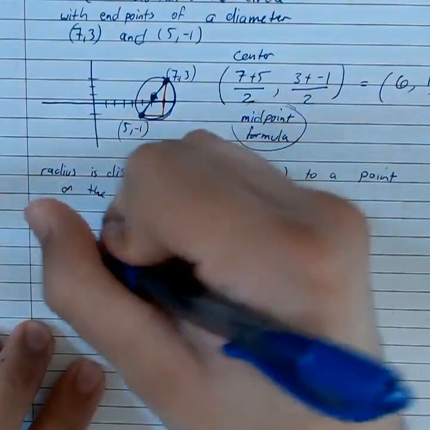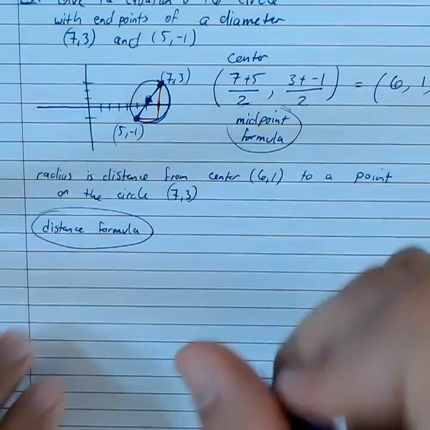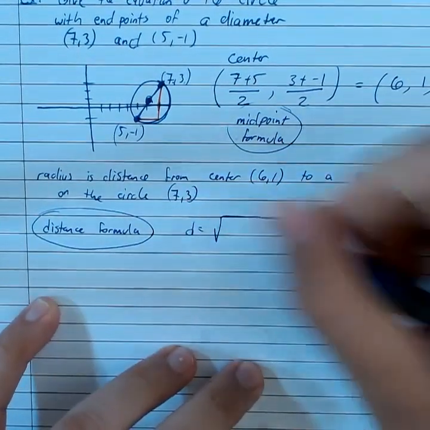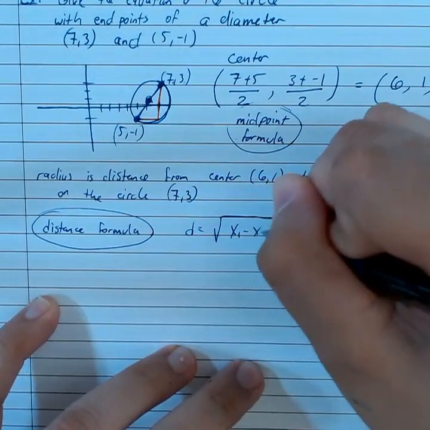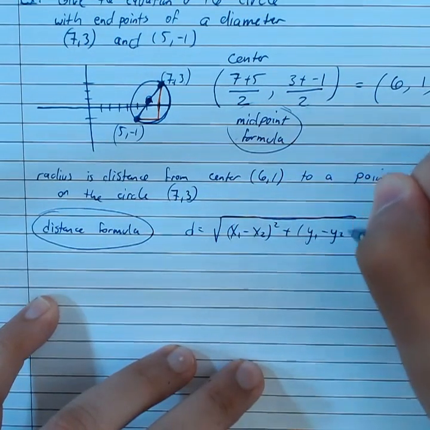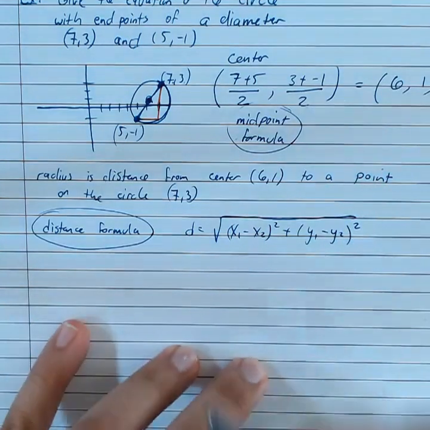So the distance formula is how you find the distance between 2 points. That's going to be d is equal to the square root of x1 minus x2 squared plus y1 minus y2 squared. And I would just pop in those numbers.